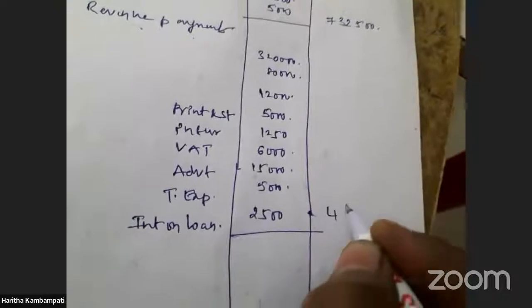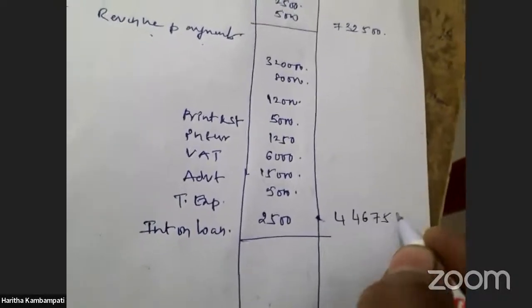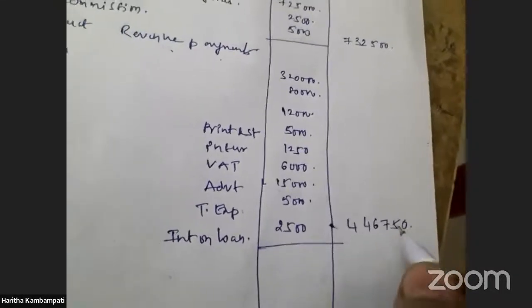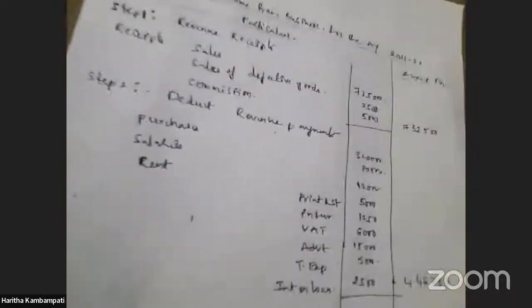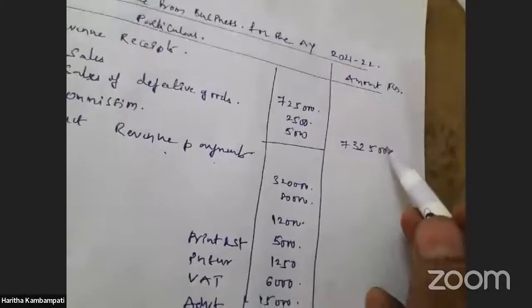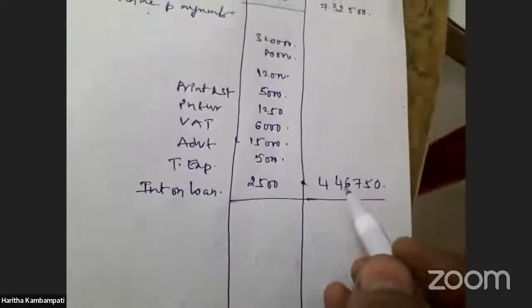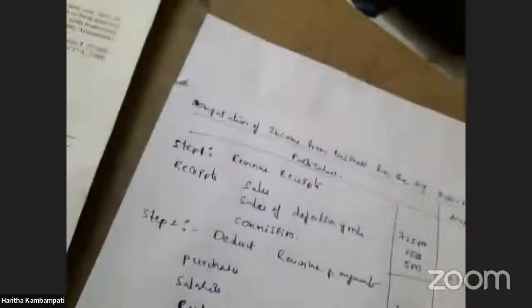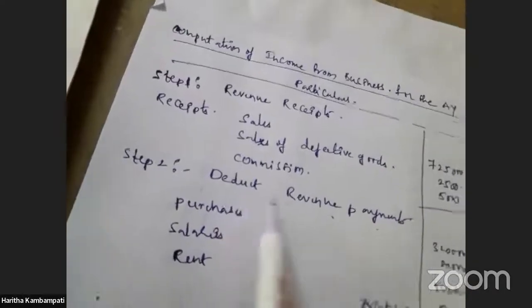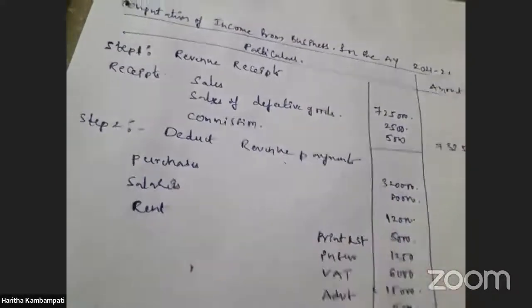Then we have to total all these payments. You will be getting some amount. From receipts, you need to deduct these payments. So I have mentioned here, deduct revenue payments.